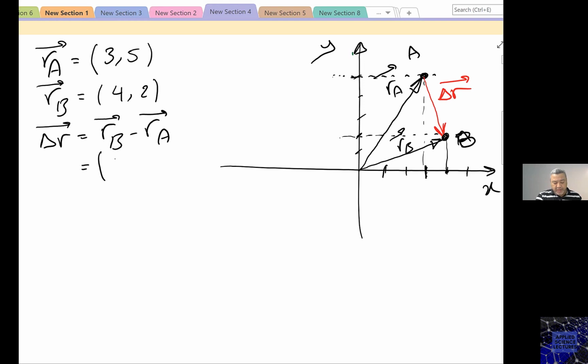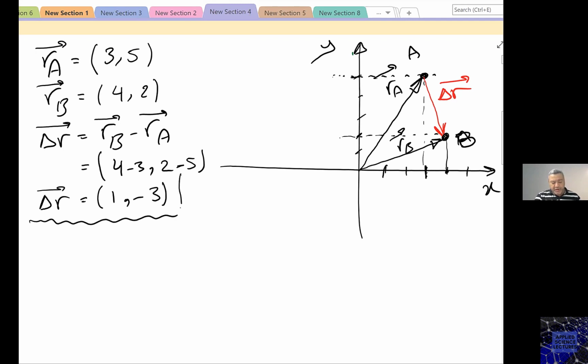So at the beginning, the x, 4 minus 3, then the y, 2 minus 5, right? So delta R is 1, -3. Let's verify what we got here. So the projection of my vector, the displacement vector on my coordinates is 1, -3. Is this correct? If you project delta R on the x, what are you going to get?